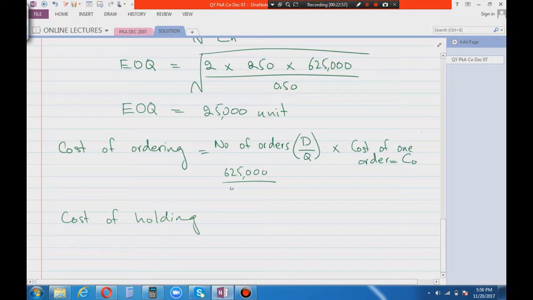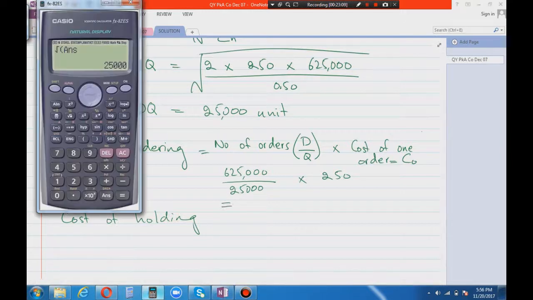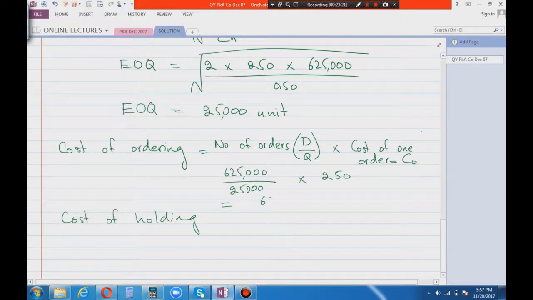This time we'll order not 100,000, we'll order 25,000, multiplied by cost of one order, which is 250 euros. This would be 625,000 divided by 25,000 multiplied by 250. That would cost us 6,250.